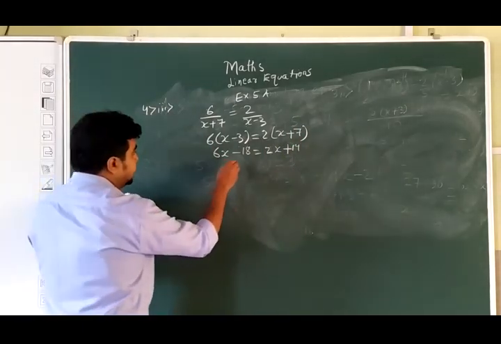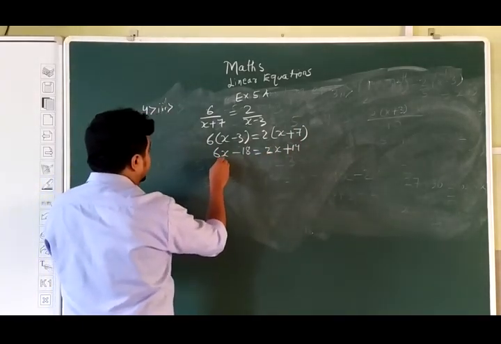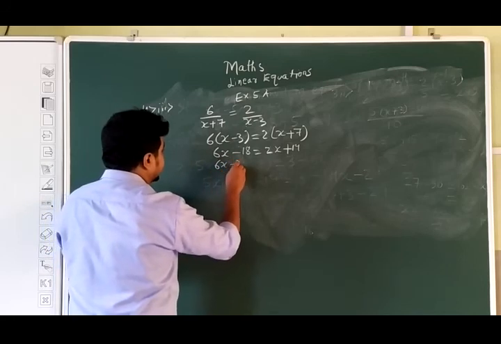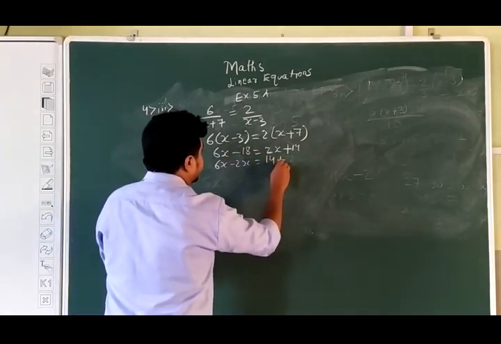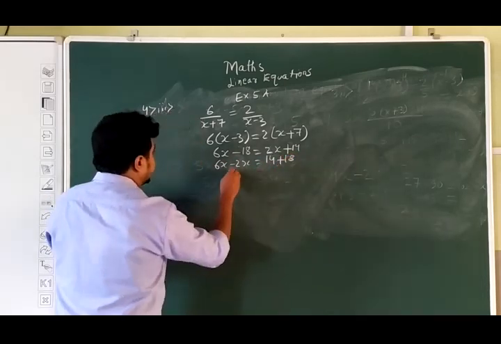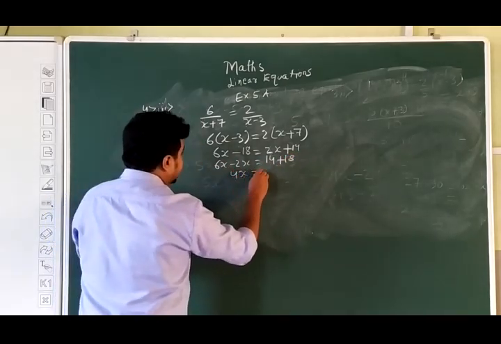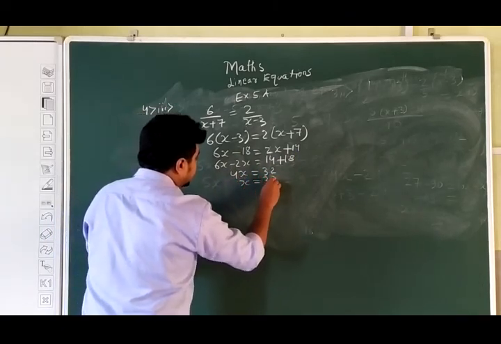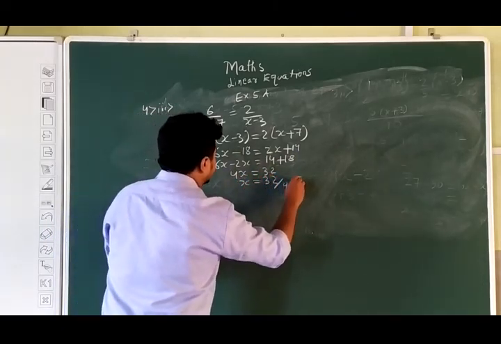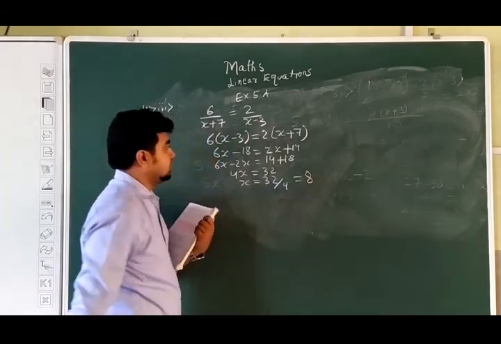So from here we are getting 6x minus 2x equal to 14 plus 18. We are getting 4x equal to 32. x we are getting equal to 32 by 4, which is equal to 8.